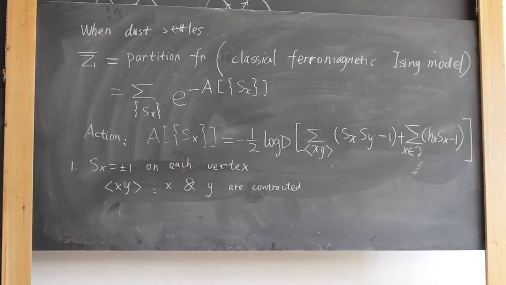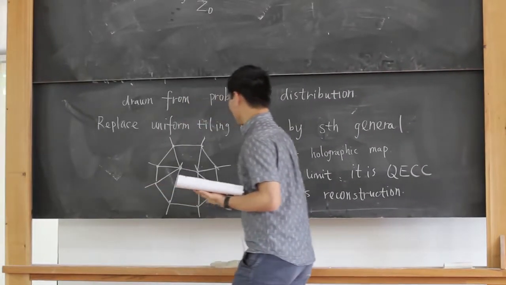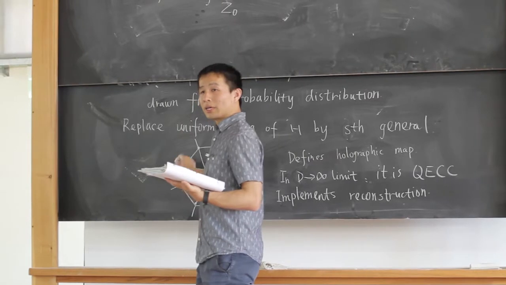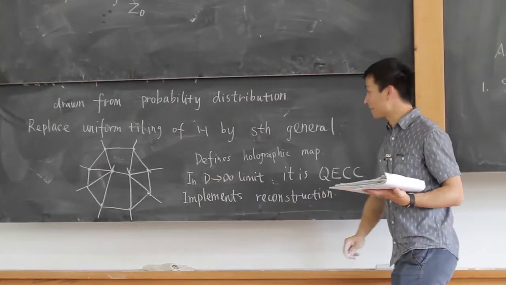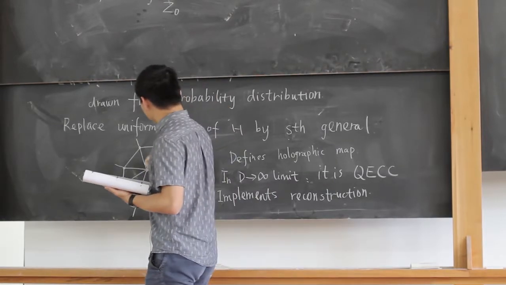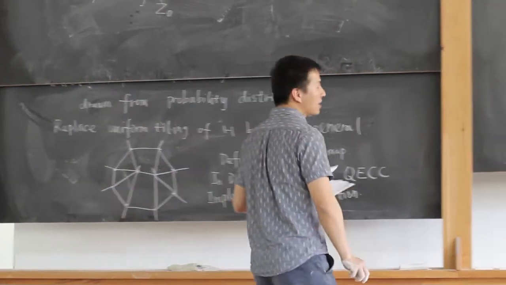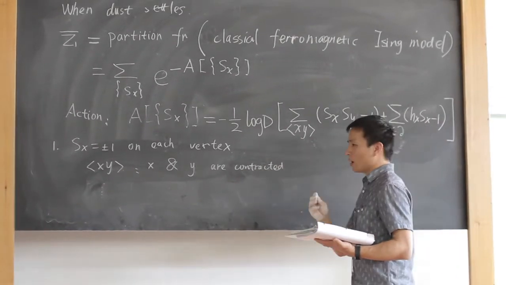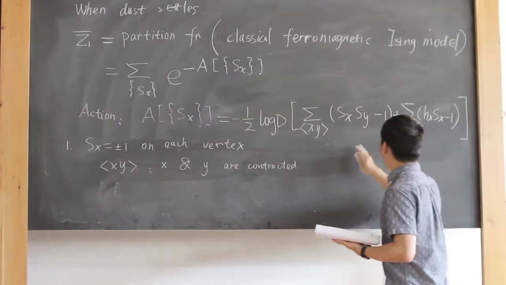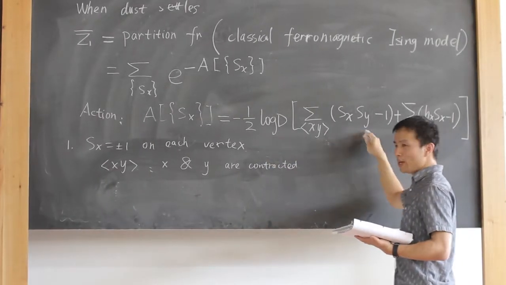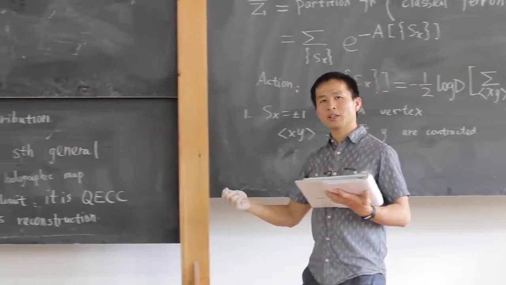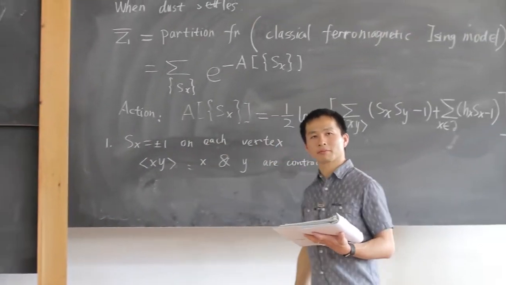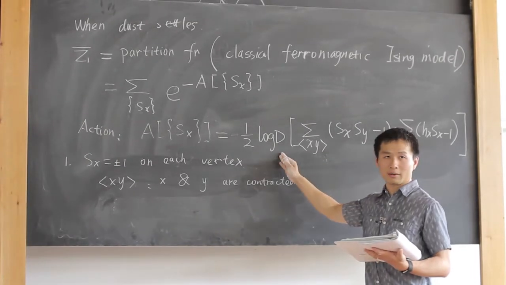So what are the boundary points here? If we go back to this example, we have 8 boundary points because they are connected to a boundary leg. And we have many nearest neighbor contracted legs that we have to sum over here. What this is saying is that for each contracted leg in the tensor network where the spins on the two vertices do not agree, there is an energy cost of log d.